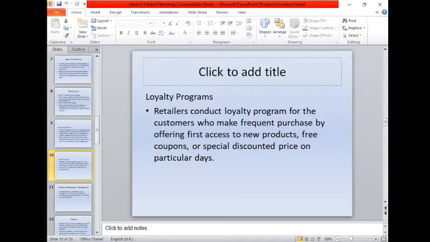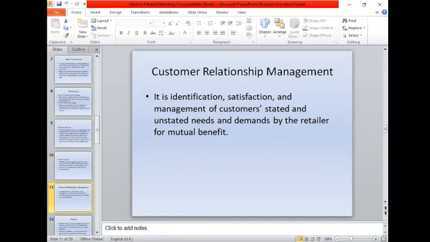Okay? And of course, customer relationship management. Customer relationship management is about retaining the customers, because we also have to identify how satisfied the customers are with the products and services offered to them, and we satisfy them because we give what they need.